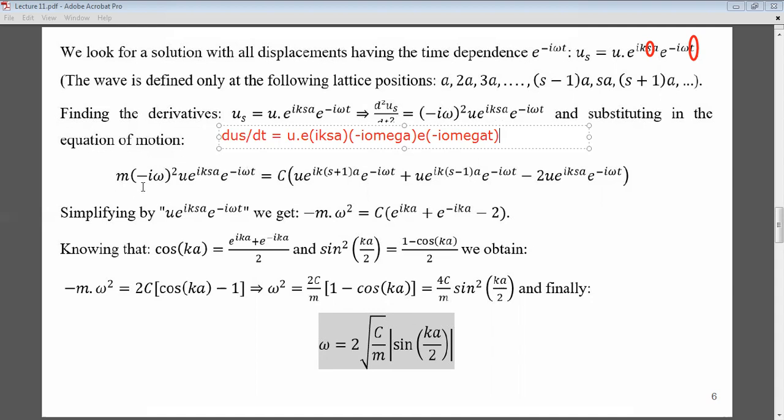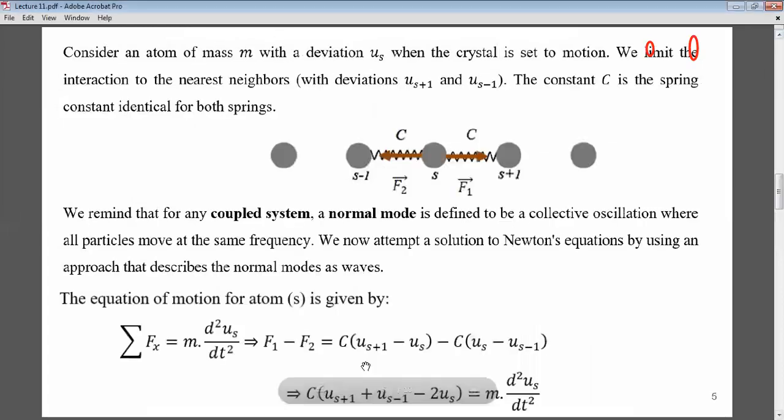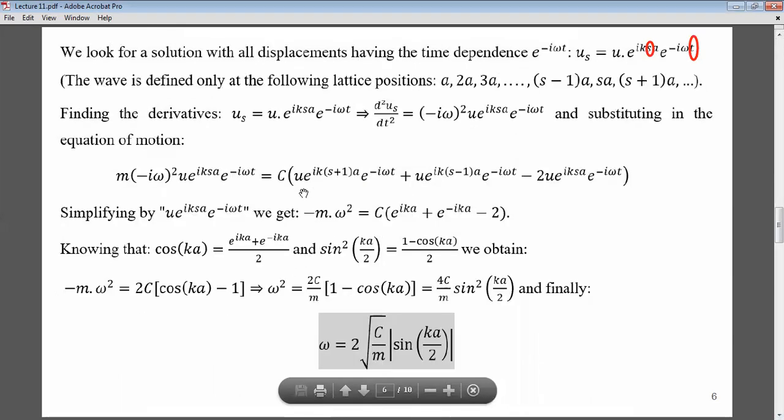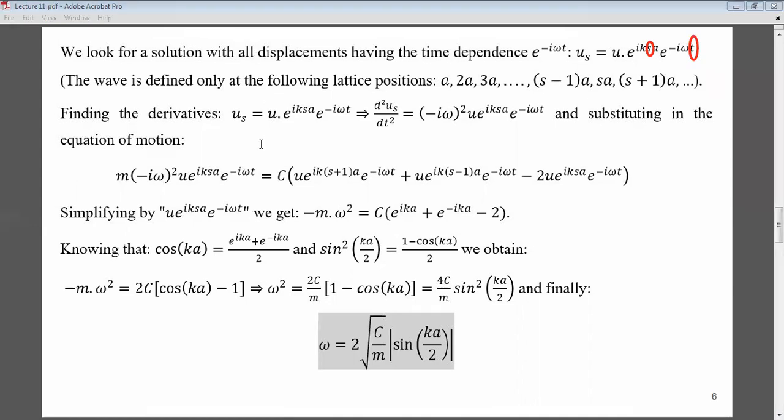I have M into minus i omega squared U e^(i k s a) e^(-i omega t) is equal to C. Remember from here, it's equal to C into U(s+1) plus U(s-1) minus 2U(s). Okay, so let's write it over here.